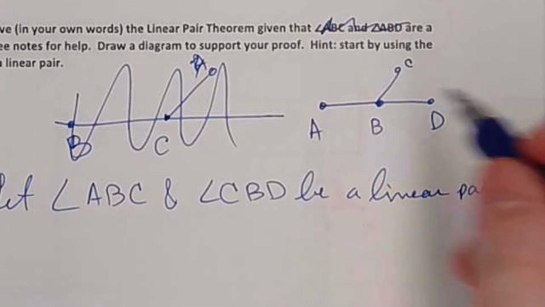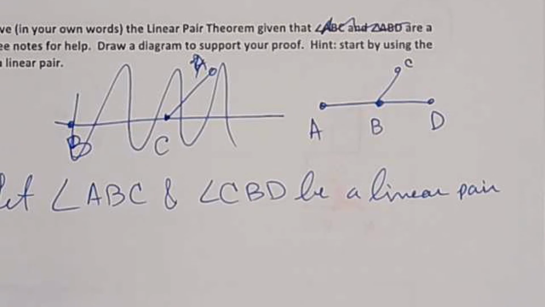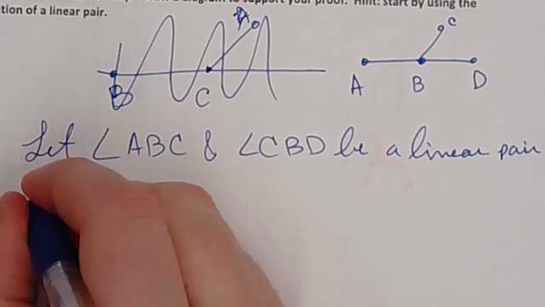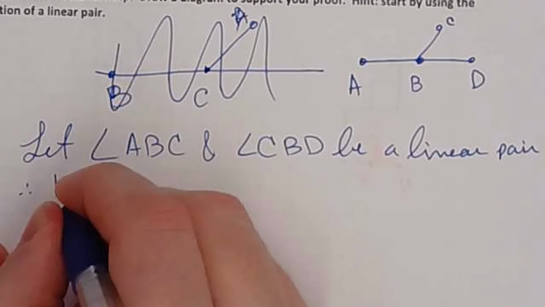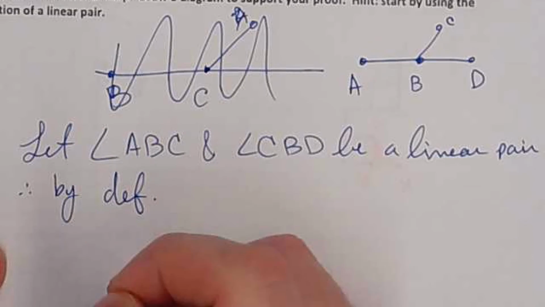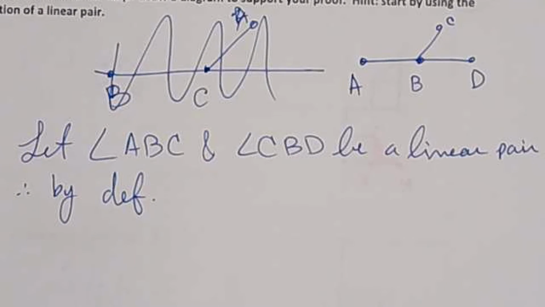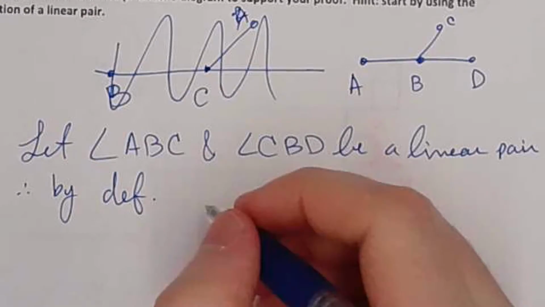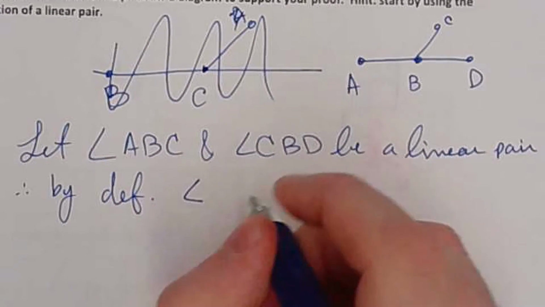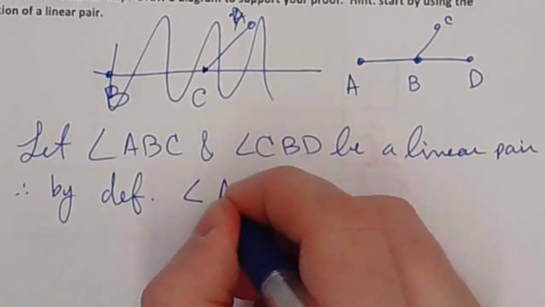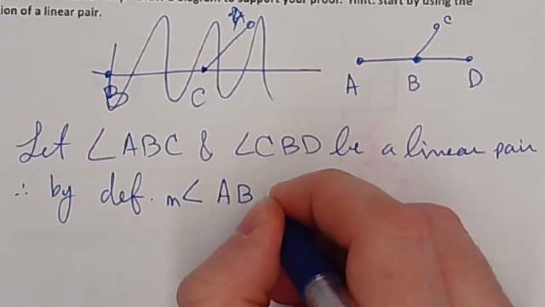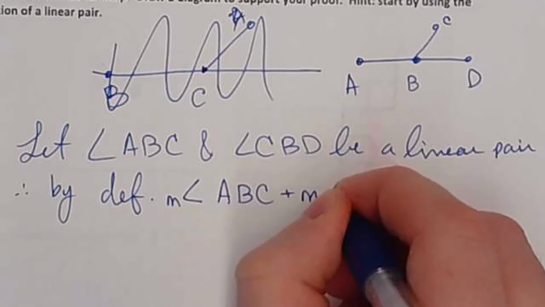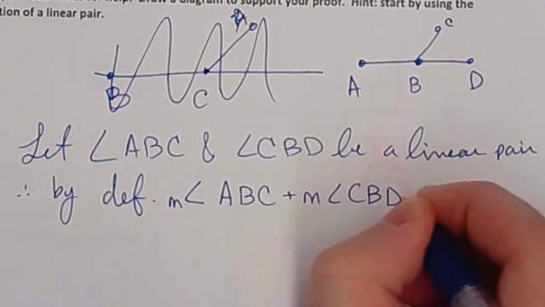So we let them be a linear pair, because the linear pair theorem says if they are, then they equal 180. Or in other words, they're supplementary. Therefore, by definition, again, this is a shorter one than we did originally in our quiz because we can assume more things. By definition, the measure of angle ABC plus the measure of angle CBD equals 180.